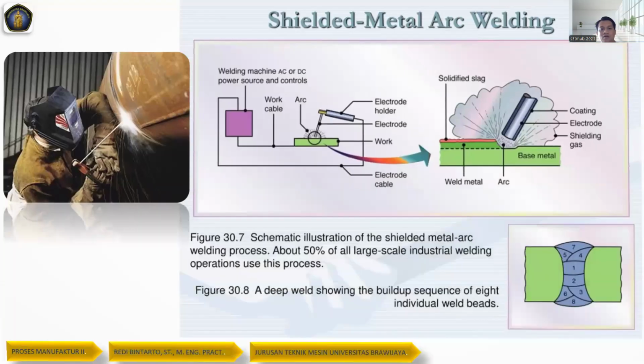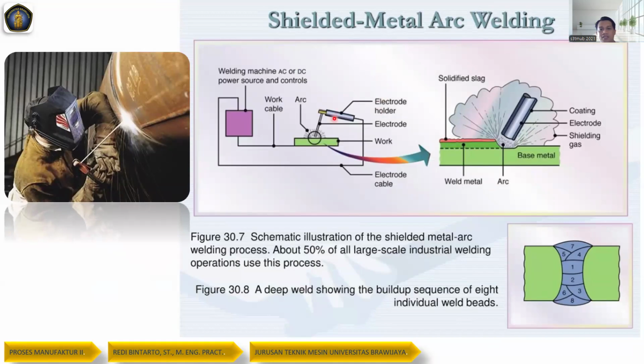Okay, this is SMAW, and there is a power source from electricity, PLN or another source, and then this electrode holder and this electrode will be fitted in the welding. So two kinds of metal can be joined together.